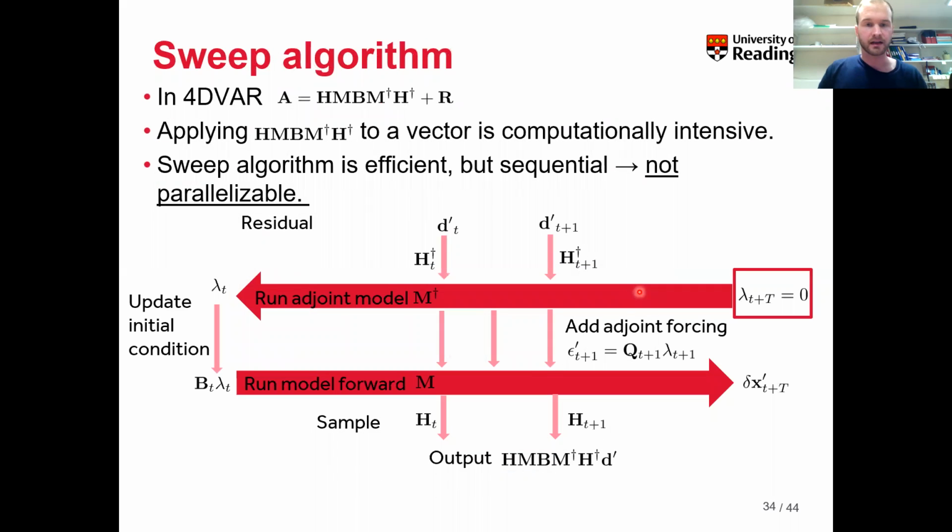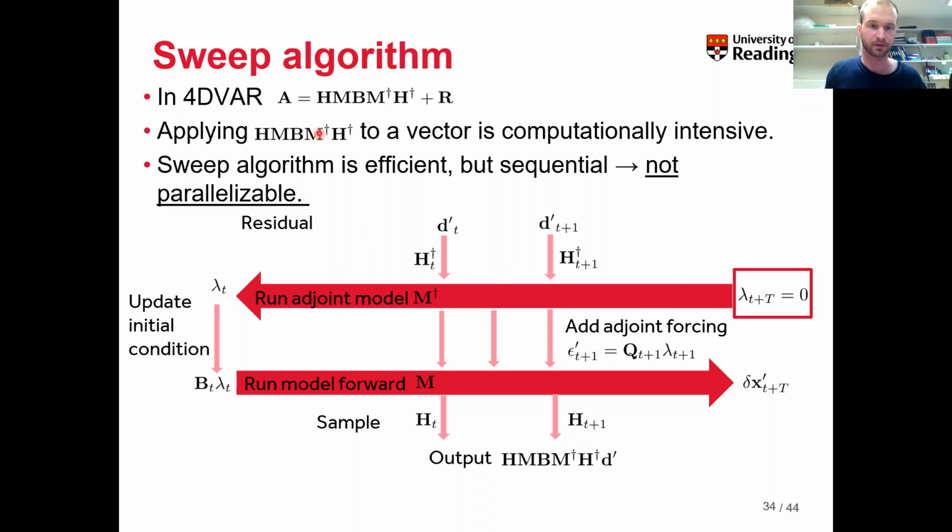And if you do that, then application of this matrix to a vector will look as follows. You start off with introducing a new kind of field. It's called the adjoint. You start running your adjoint backward in time.